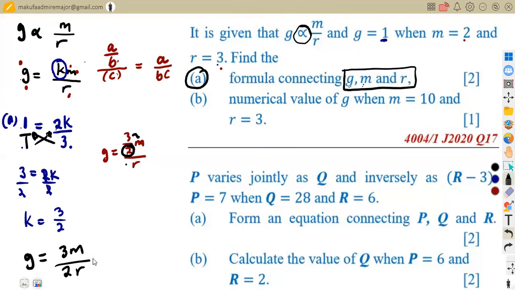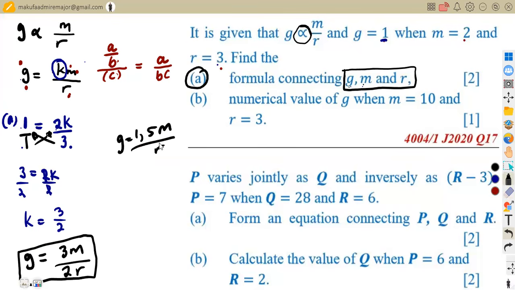So over 2r. This is a proper way of writing our answer, not to have a fraction and another fraction on top, or to have it as a decimal, to say g is equal to 1.5 m over r. We cannot have a decimal and a fraction at the same time.